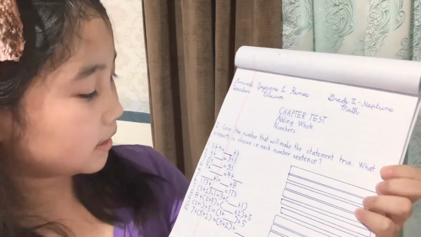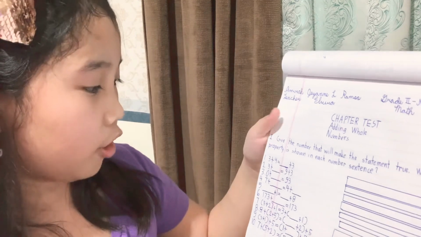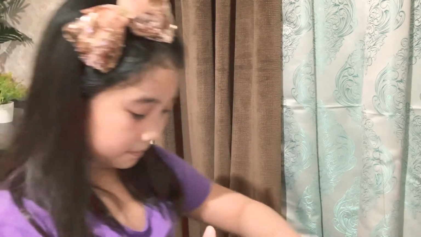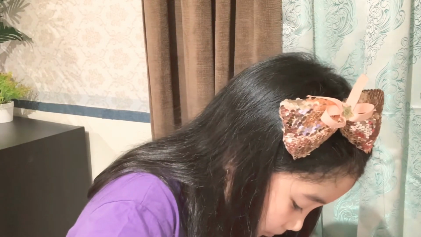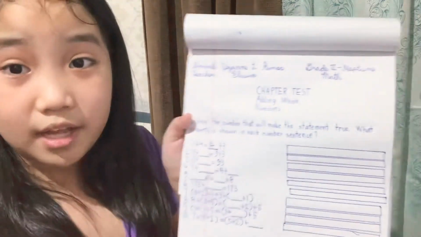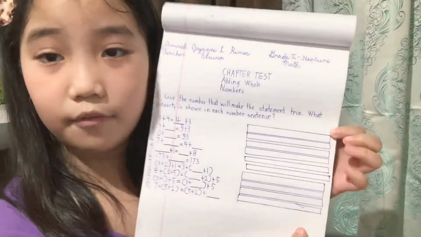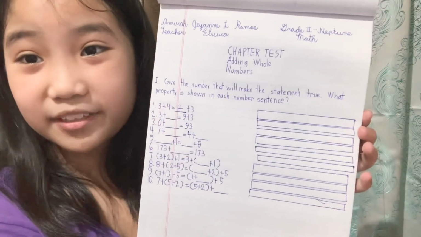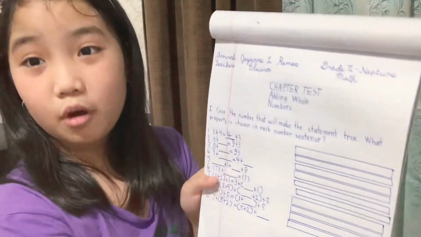You are correct. It is 3 plus 4 equals 4 plus 3. So I write 3 plus 4 equals 4 plus 3. Now, what do you think the property of 3 plus 4 equals 4 plus 3 is? You are correct. It is commutative property.